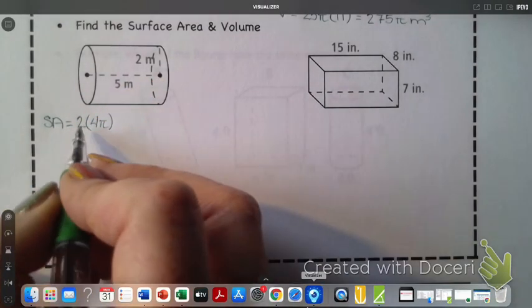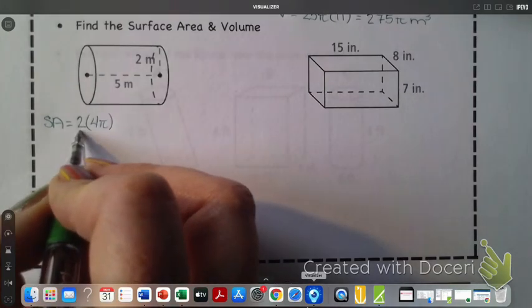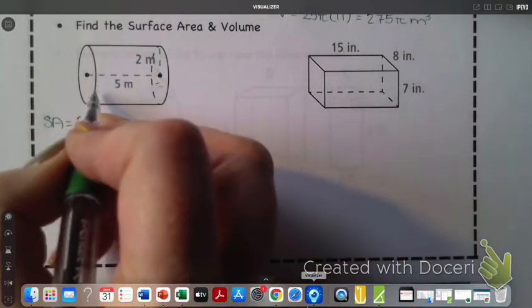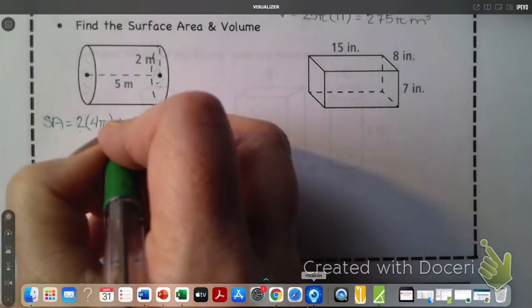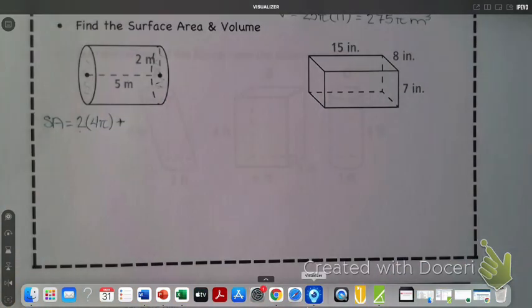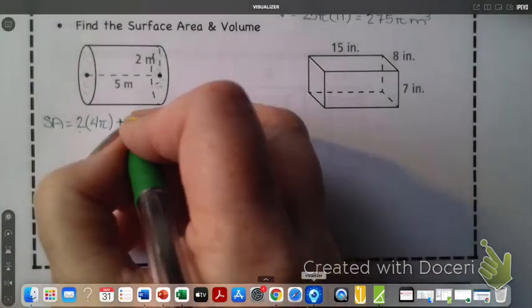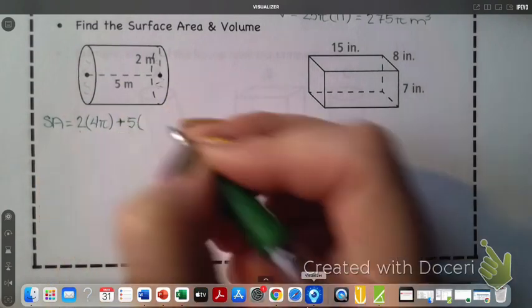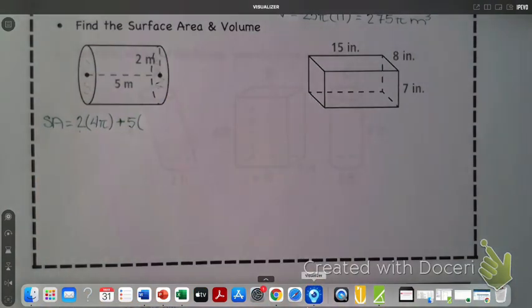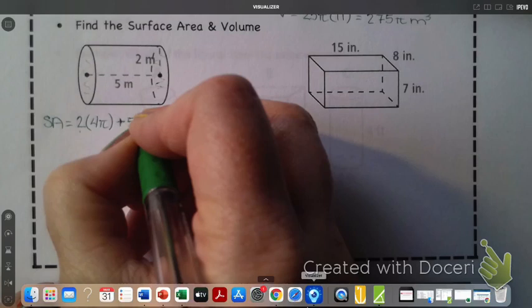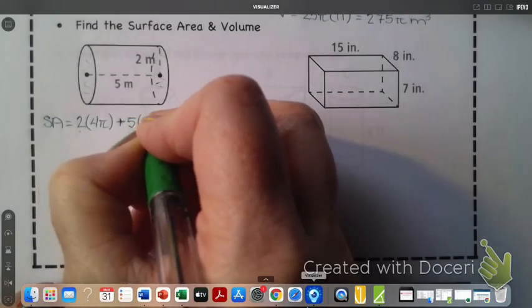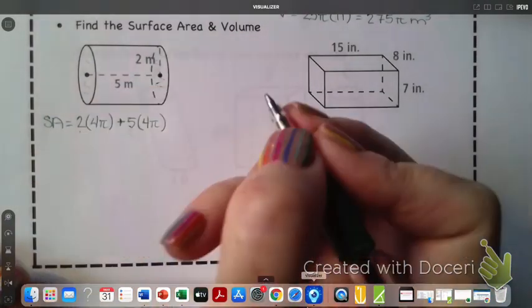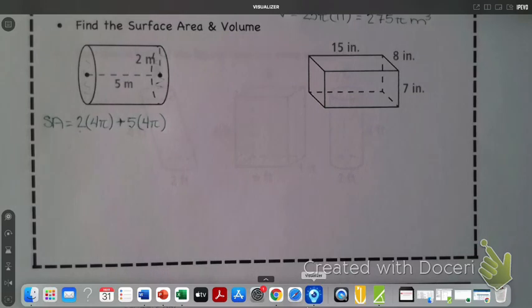And why did you put the 2 out in front? Because there's 2 of them. Because there's a top and a bottom, right? Okay, plus what? Plus 5 and then 4 again. Then 4 what? Pi? Because we have to get the circumference, right? And 2 times 2 is 4.